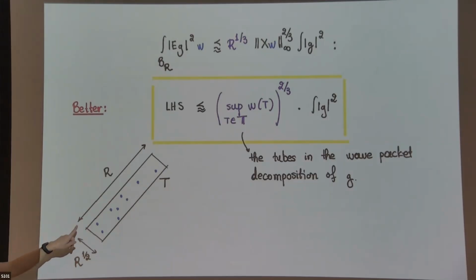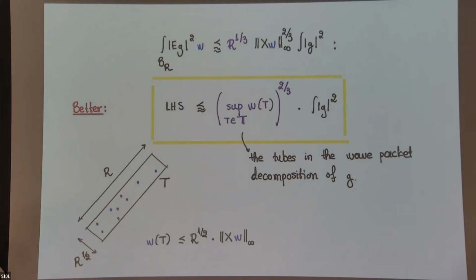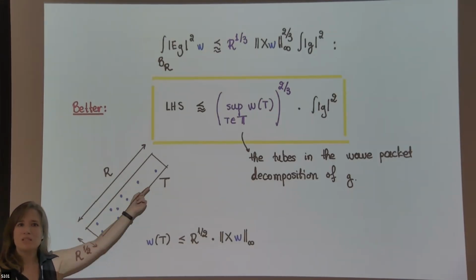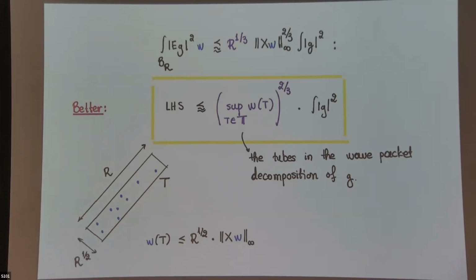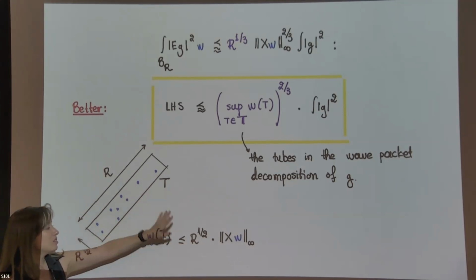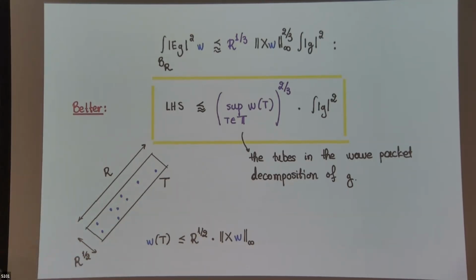Now this has a lot to do with the infinity norm of the X-ray transform, because if you try to calculate the integral of the weight on this cube, it's at most the width, which is r², times the largest number of balls along any one of these lines. So at most an infinity norm. And when you raise this to 2/3, the half becomes a third, and that's where the third comes from.